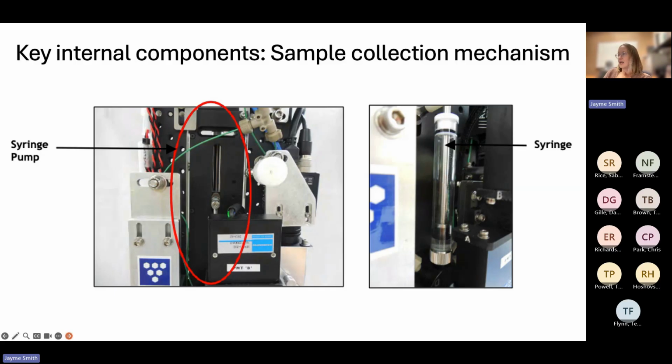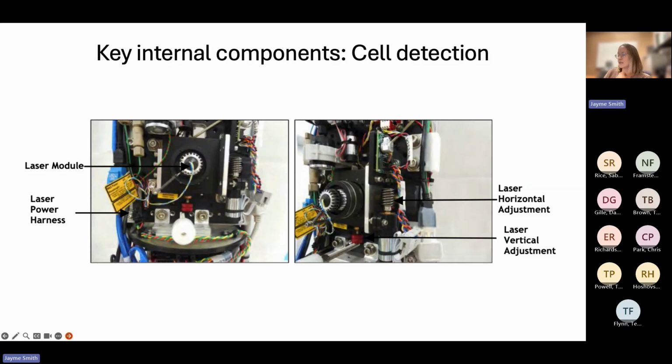And then on the cell detection pieces, it has a laser module and a power harness down here, which has all of the electrical assemblies to essentially run the laser. On the right-hand side there are laser adjustment modules, so they can be operated remotely if you want.